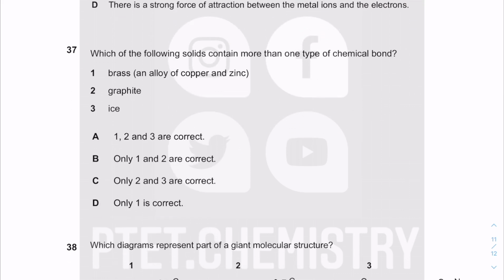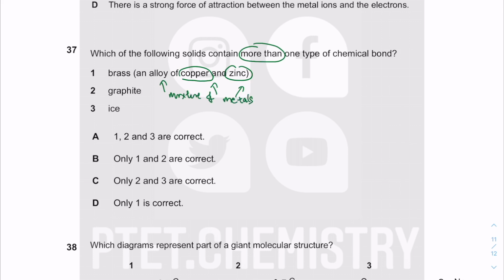37, so these are comparing these three options and you're looking for A, B, C, D. Which of the following solids contain more than one type of chemical bond? This is copper, this is zinc. An alloy is a mixture of metals.